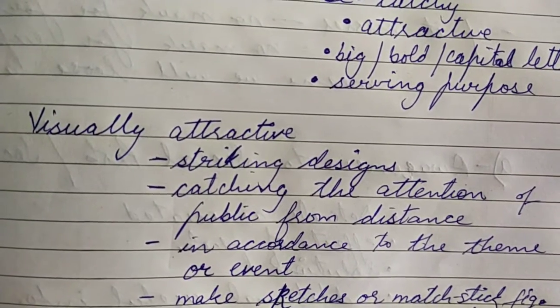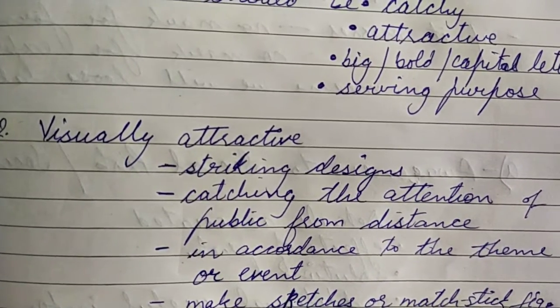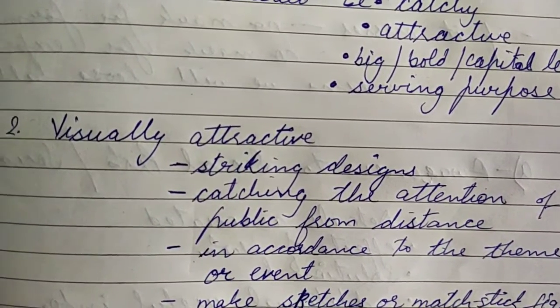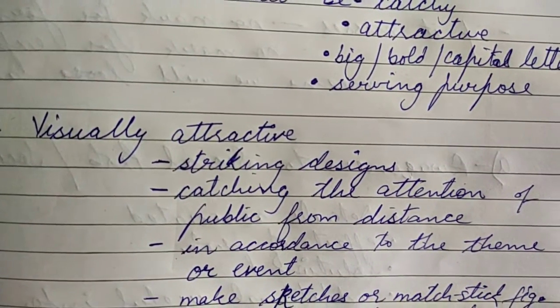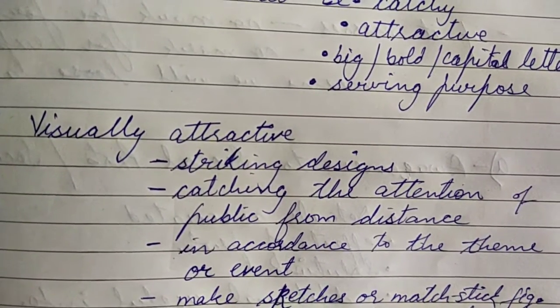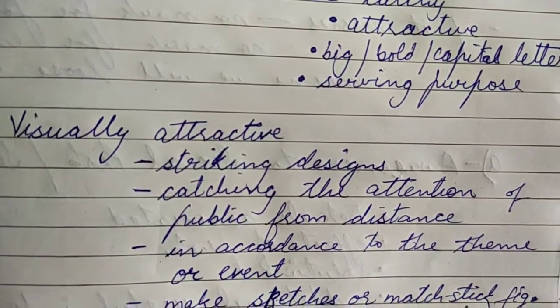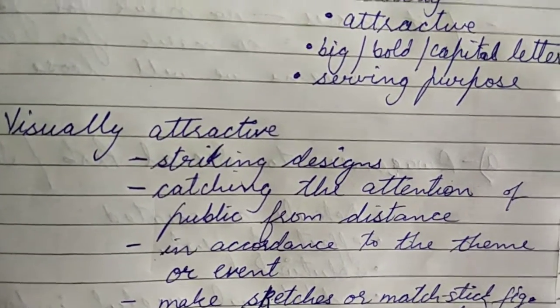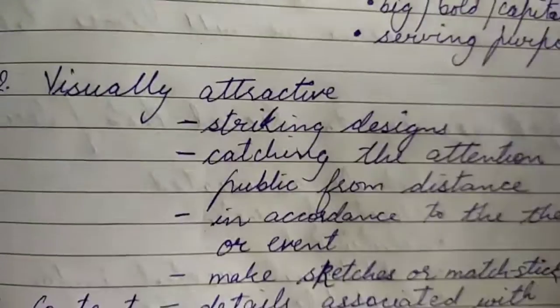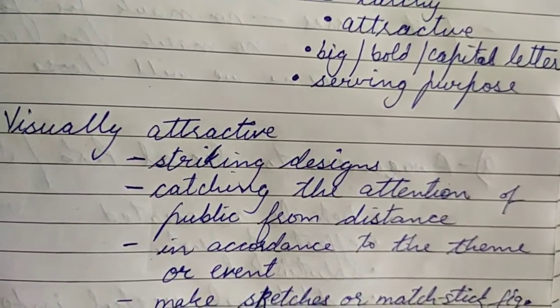As we see, suppose there is a hoarding of Burger King 7 kilometers ahead. Then big burgers and some snacky items are drawn there, so that burger just catches our attention. Or suppose it is about a circus organized in your city.